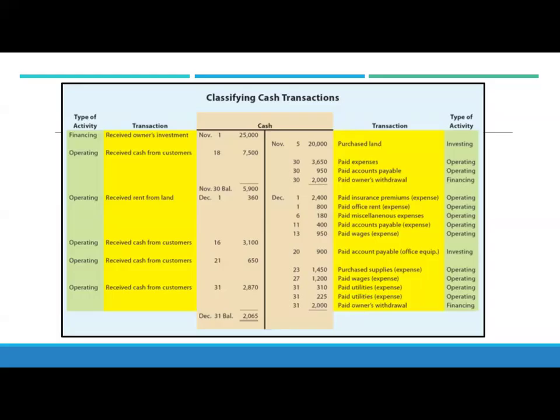Accounts payable was probably for purchasing supplies or inventory, stuff that's used in the operations of the business. But if it was long-term debt, issuing that long-term debt doesn't relate directly to creating an expense. It's not an operating activity. They issue the debt and then they pay it back slowly.